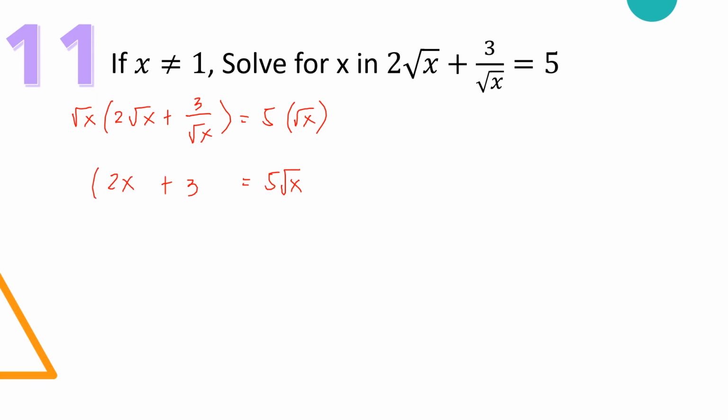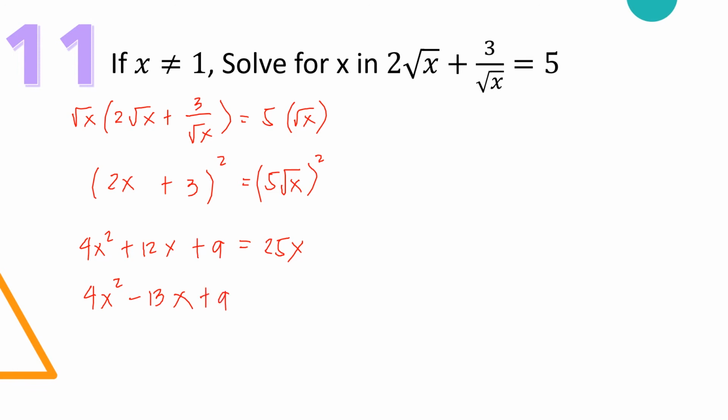Squaring both sides of the resulting equation, then we have 4x squared plus 12x plus 9 equals 25x. Subtracting 25x from both sides, we'll have 4x squared minus 13x plus 9 equals 0.